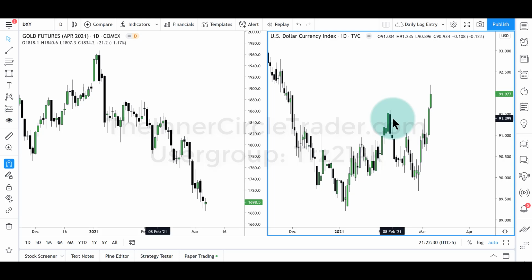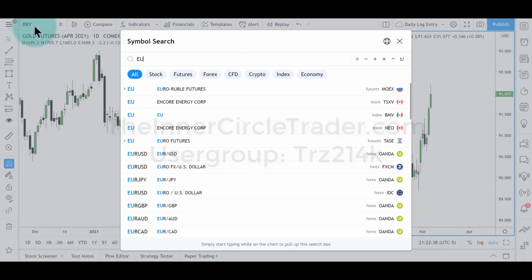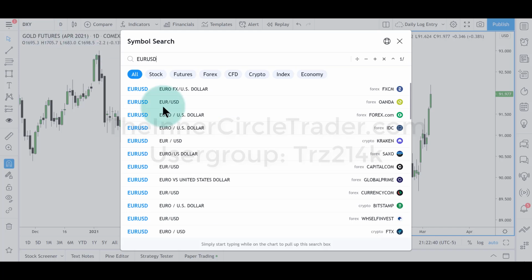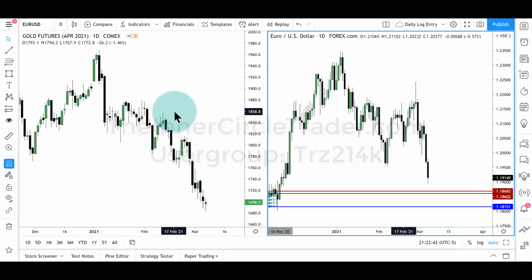It's the same trade. If you look at this drop down here and we look at the euro dollar, here's January, it's going lower. Here's January, it's going lower. They're both doing the same thing, opposite to dollar.